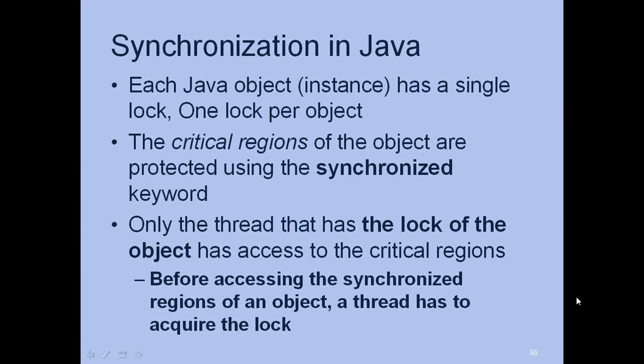Will there be a case where two threads are accessing the lock at the same time? Yes, there can be, and that will be a race condition. Only one of them will get the access, and the other one has to wait. So how will it decide? Based on this, the synchronized method will make sure only one thread gets the access.